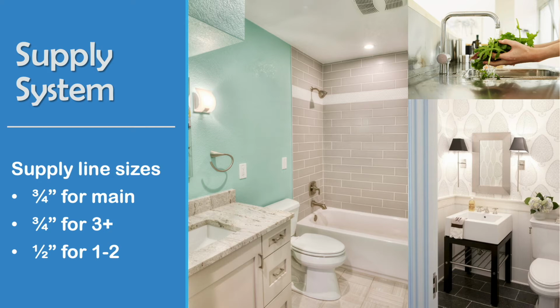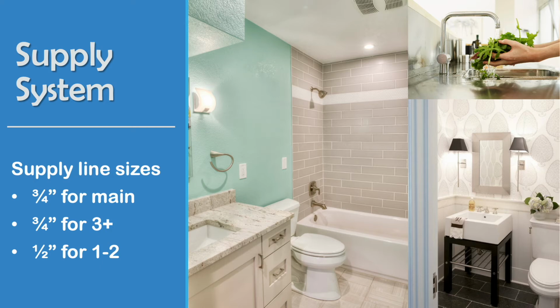So a standard bathroom that might have a shower head, a faucet for the bathtub, a toilet, and hot and cold water, that's going to be more than 3 items that need water. So it's going to be that 3/4.